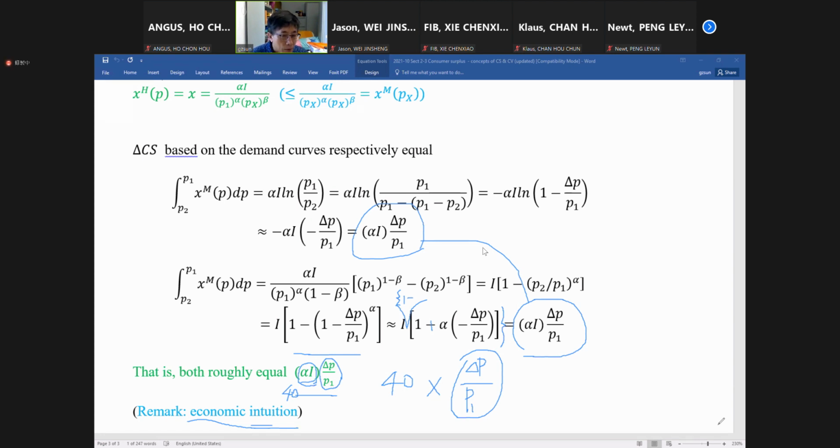Because the change is small, this number is small. This is the key idea of the so-called economic intuition. We don't have time for questions, so let me explain this point in Chinese once more. Hopefully you can understand. If you can't, that doesn't matter.